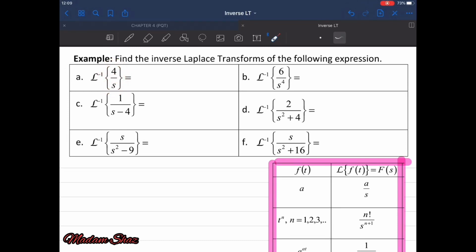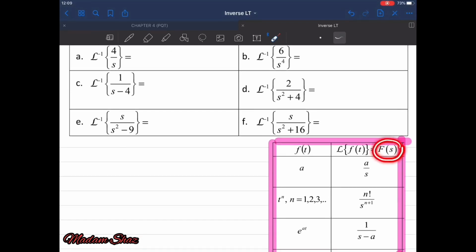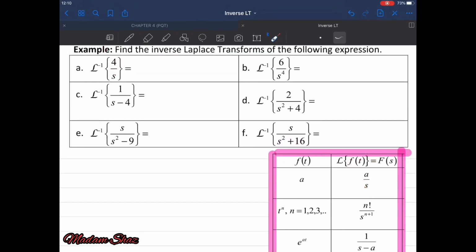From now on, you want to move from F(s) to f(t). Our question has a constant at the upper side and s with power 1 at the bottom side, so you must refer to a over s, where our f(t) will become a. So I will KIV this first.